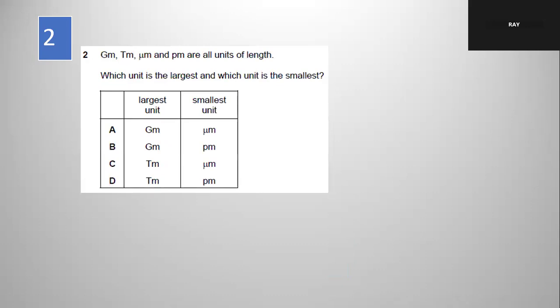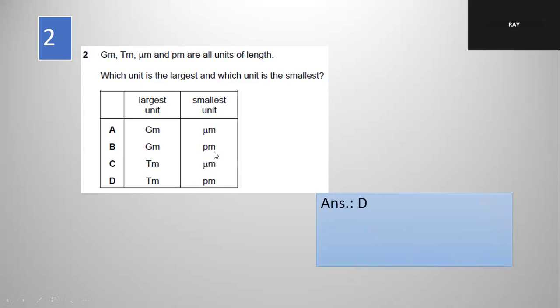Which unit is the largest and which unit is the smallest? I think it's C. No, D. Pico is 10 to the power minus 12.